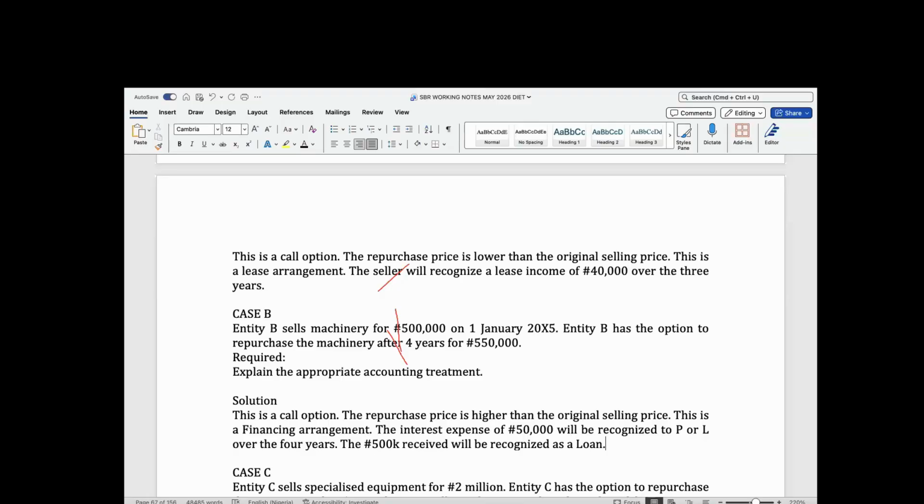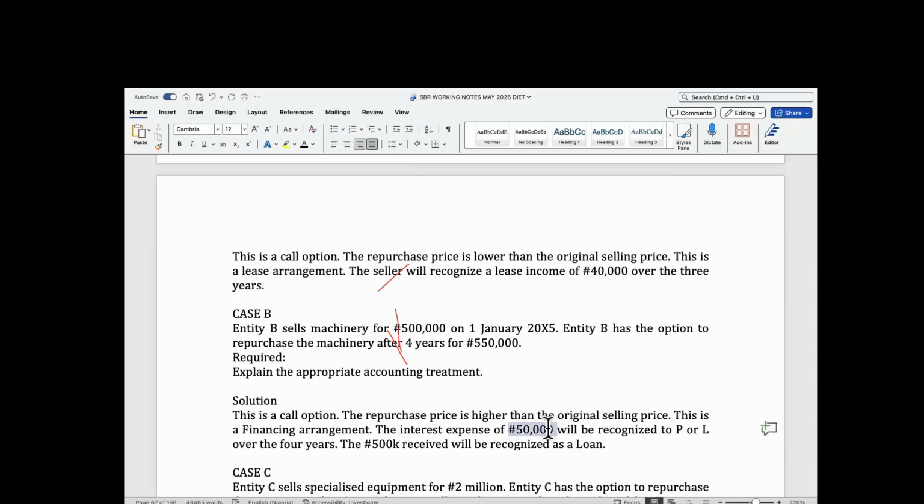For the 500K loan received, we would credit loan, and we will now debit bank, because the money is coming into the bank account. That's correct.